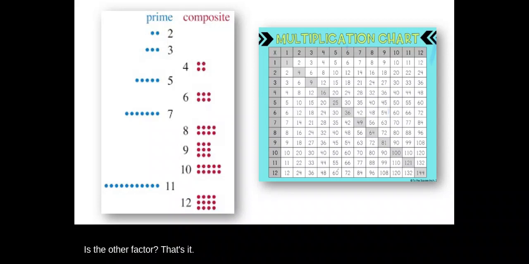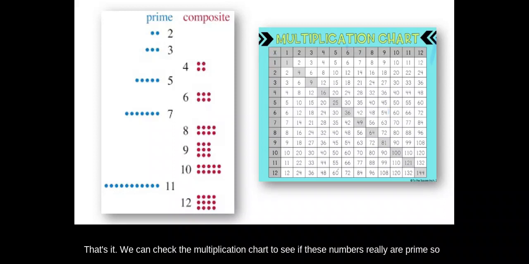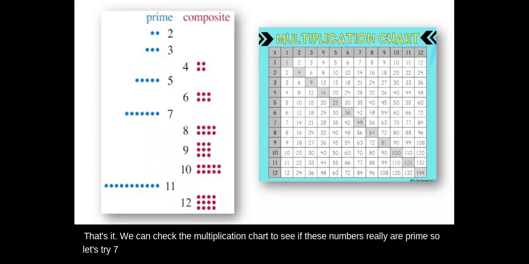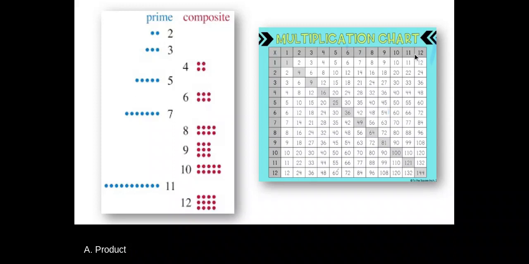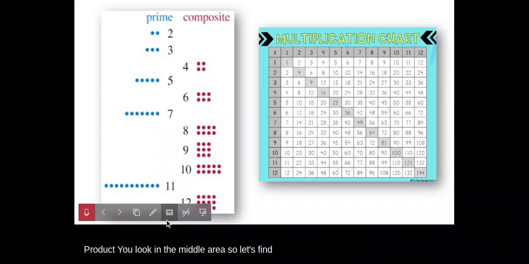We can check the multiplication chart to see if these numbers really are prime. So let's try 7. When you're looking for a product, you look in the middle area. So let's find a 7 in there. Here's a 7.